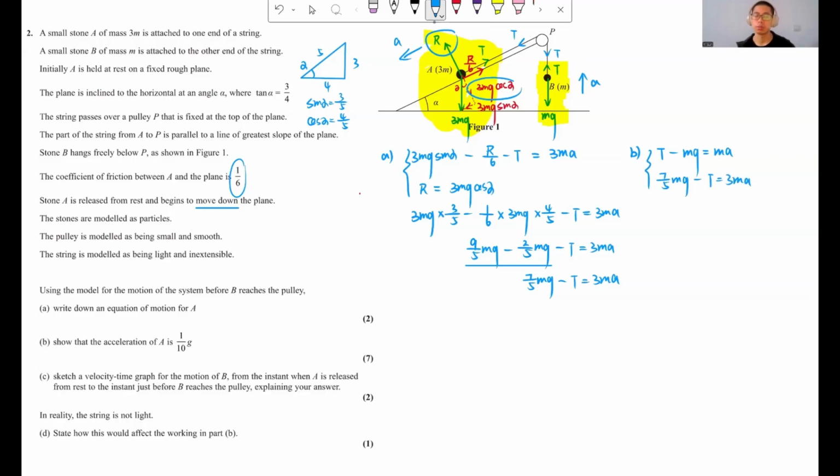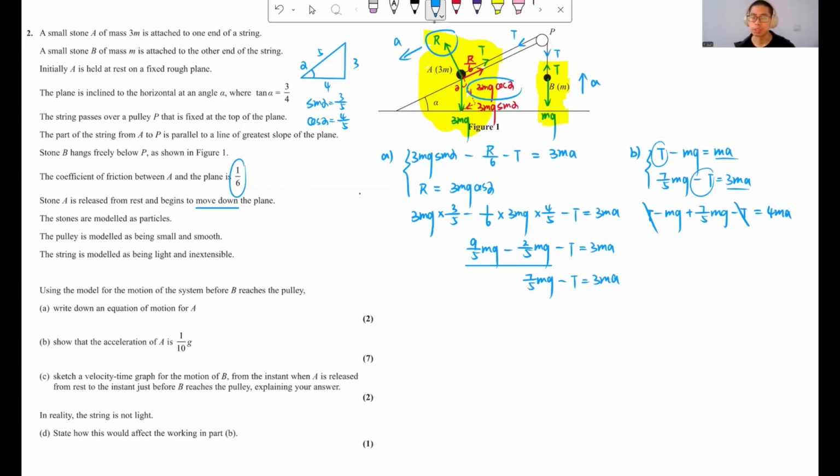To solve this simultaneous equation, we can just add them because this is positive T, this is negative T. If you plus them, it all cancels out. So T minus mg plus 7 over 5 mg minus T equal to ma plus 3ma, that would be 4ma. And then T minus T cancels out, that's what we want.